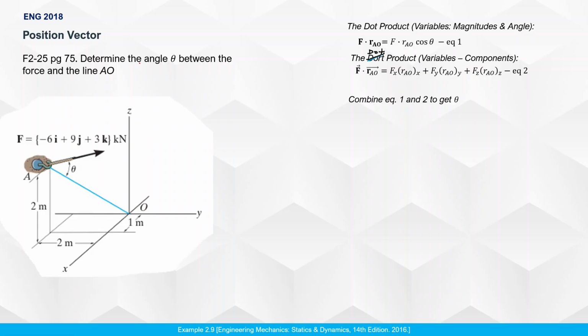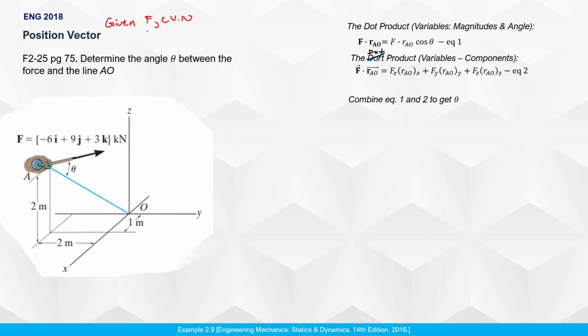Determine the angle between the force, this one, expressed in Cartesian vector notation, and the line AO. So, we're given two vectors: one is the force expressed in Cartesian vector notation and another one along a chord, along the line.